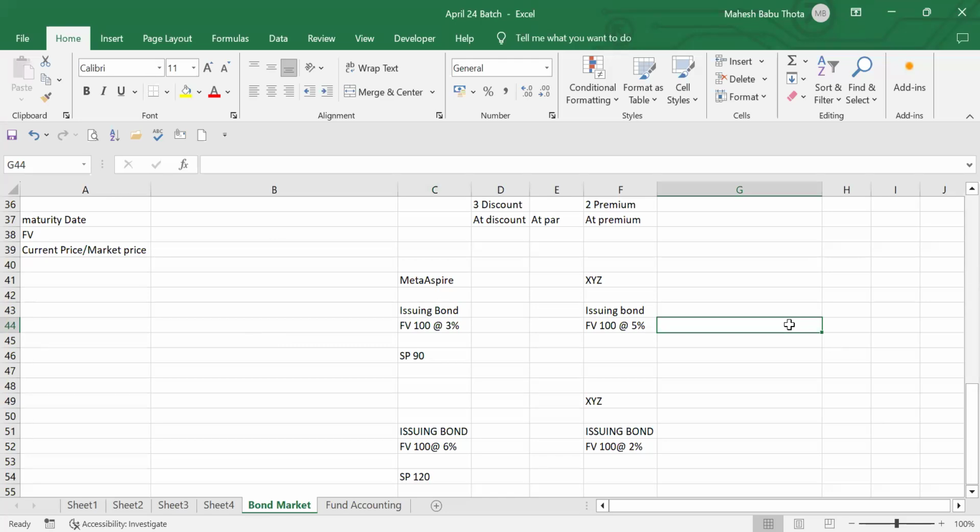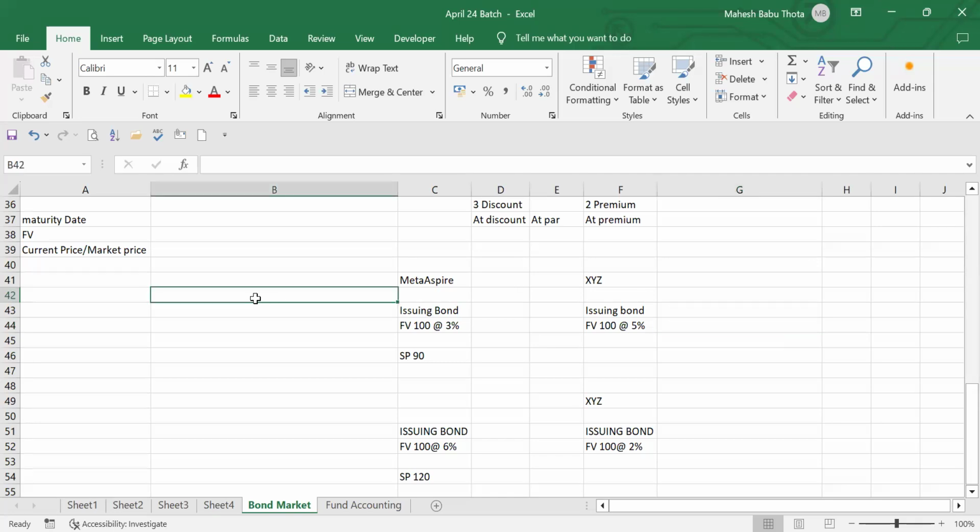Inverse means opposite. If interest rates are increasing, bond prices will reduce. If interest rates are reducing, bond prices will increase. Again, don't compare price to price or interest to interest; between bond interest rates and bond prices there is always an inverse, opposite relationship.